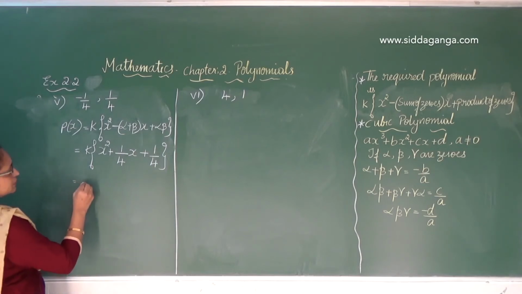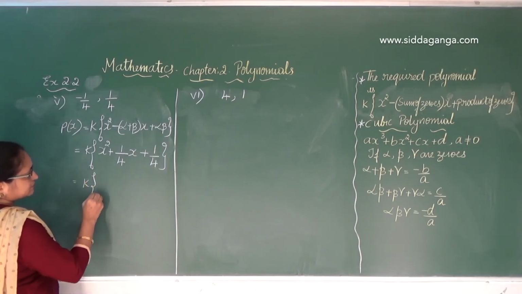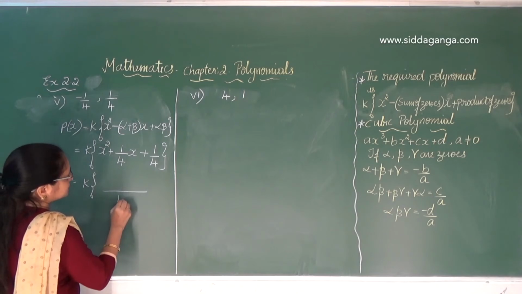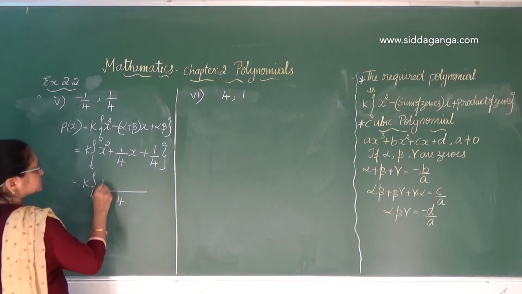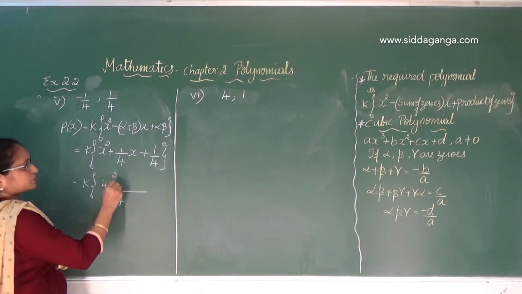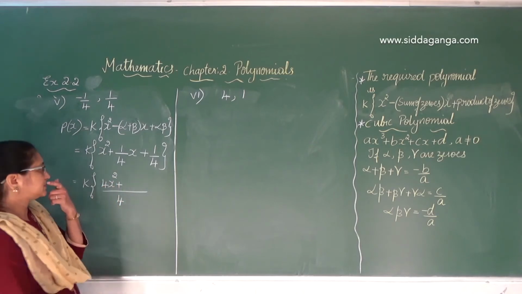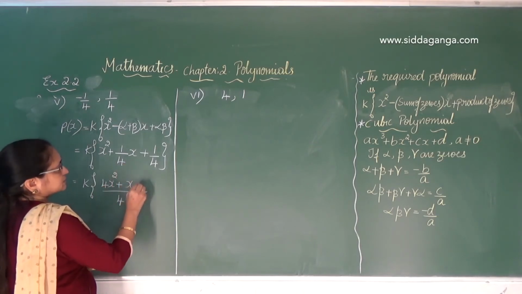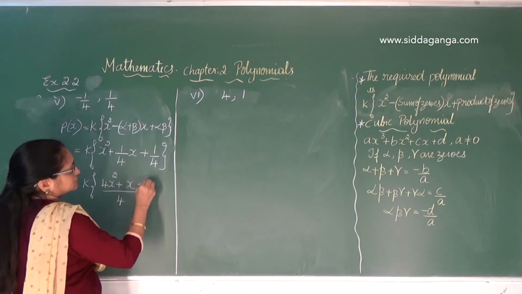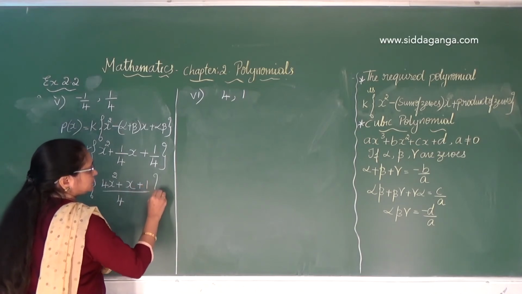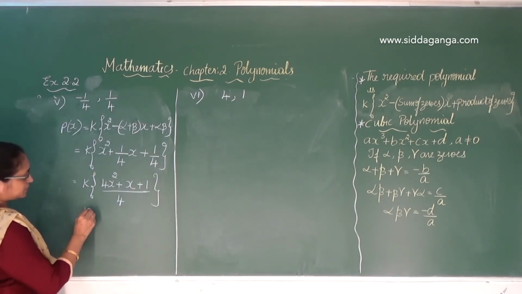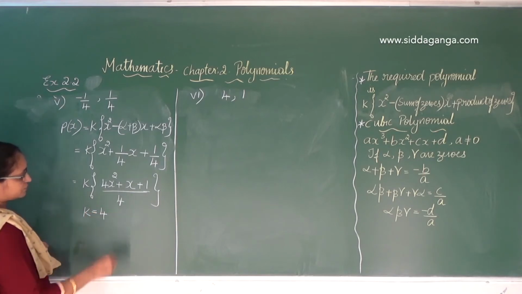Now here what is the LCM? 4 is the LCM. Now this one will become 4x square plus x plus 1. Now let us put k is equal to 4.